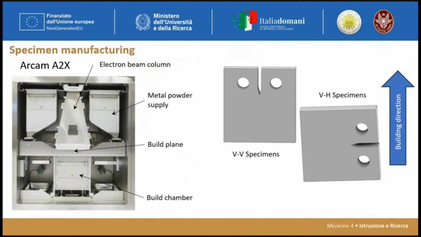It consists in producing a bed of powder, a layer of powder, and then a beam, in this case an electron beam, in the case of the laser a laser beam, selectively melting the particles where needed. Then the process went on by spreading another layer of powder, and so on.